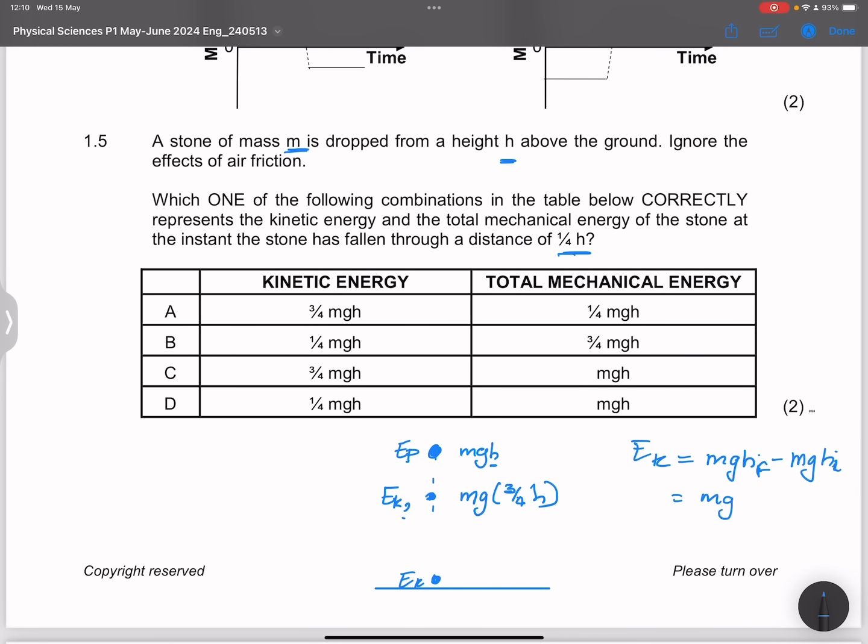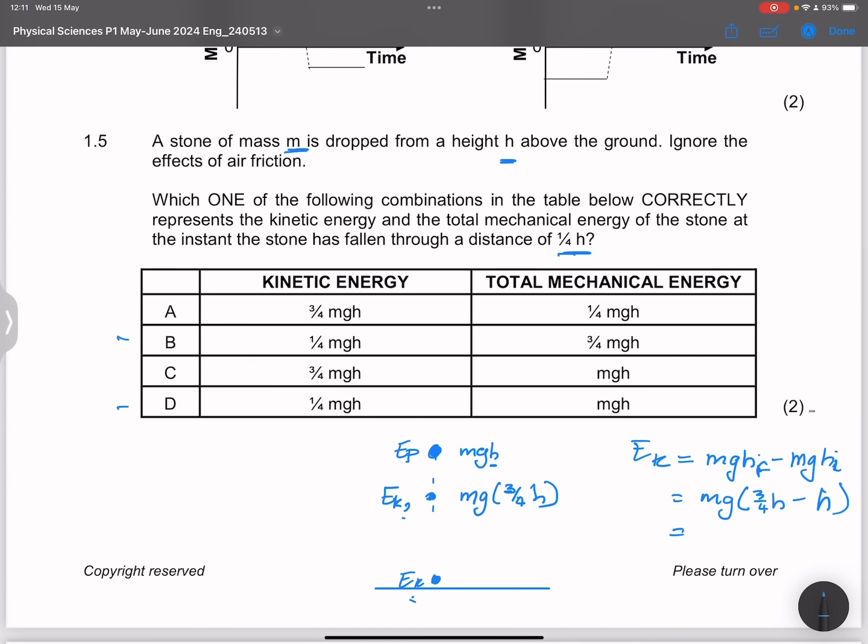In this case, it's going to be mg times our final height of 3/4 h, minus 1h. So the kinetic energy will actually be a quarter of what it can be when it gets to the bottom. This is going to be 3 over 4 minus 1, that would be 1 over 4 mgh. So I'm going to choose 1 over 4 mgh.